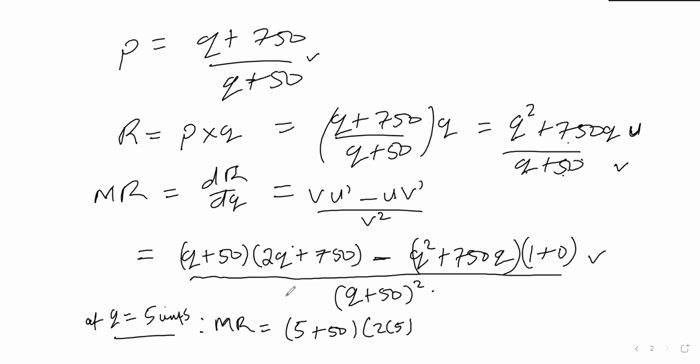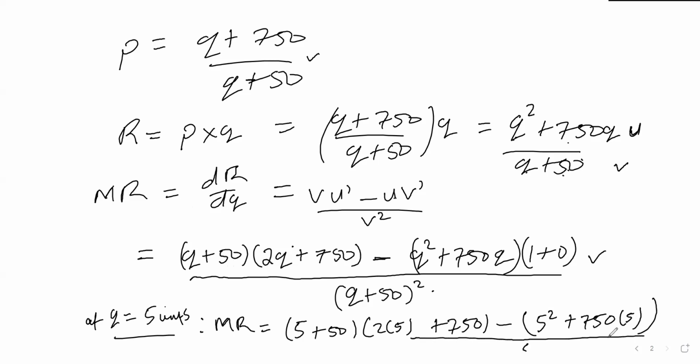Marginal revenue when Q equals 5 units will then be 5 squared plus 750 times 5, and then divided by 5 plus 50 all squared. You put everything into your calculator and get your answer for marginal revenue when Q is 5 units.